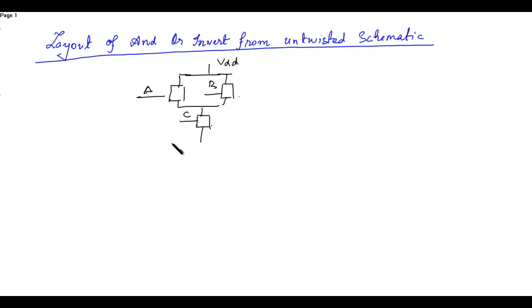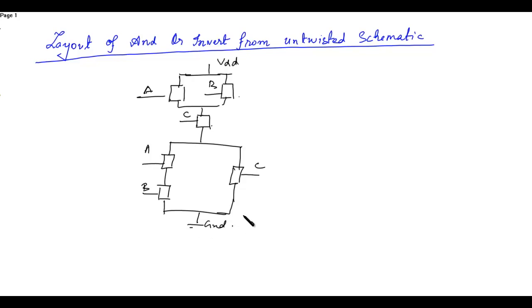And just in the opposite you have the two NMOS, A and B, in series, which are together in parallel with the third input C. Now you have to convert this exactly into the layout form.